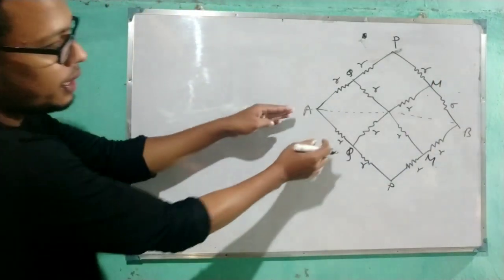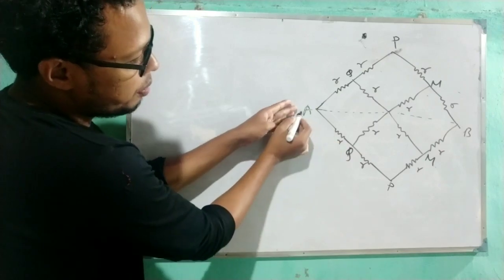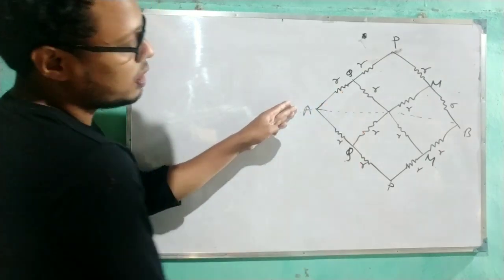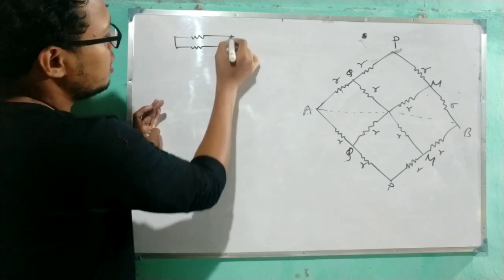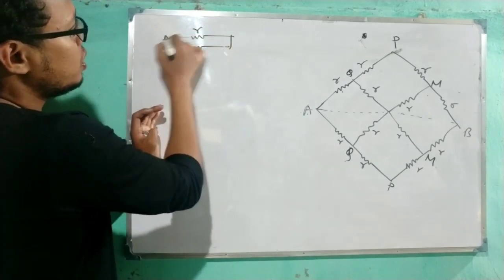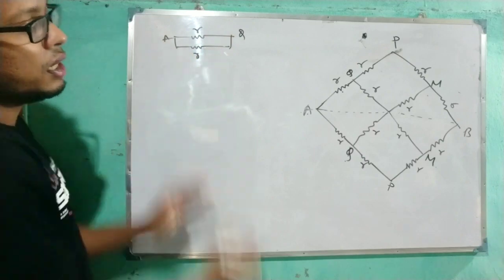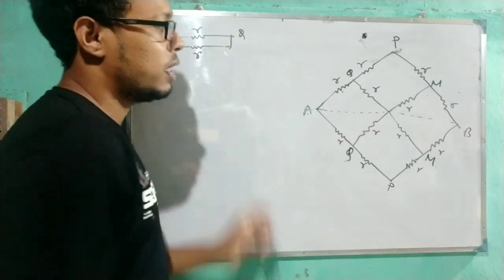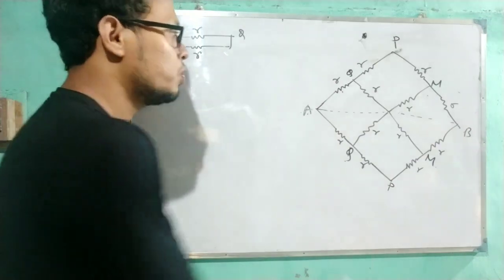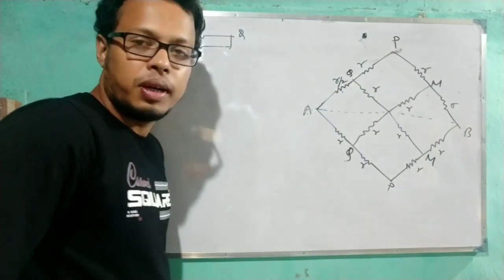Here this resistance is connected in between A and Q. See what happens. In this case, R and R, both are connected in between A and Q. That's why we can say these two resistances are connected in parallel. So this will be parallel, meaning R by 2 will come.